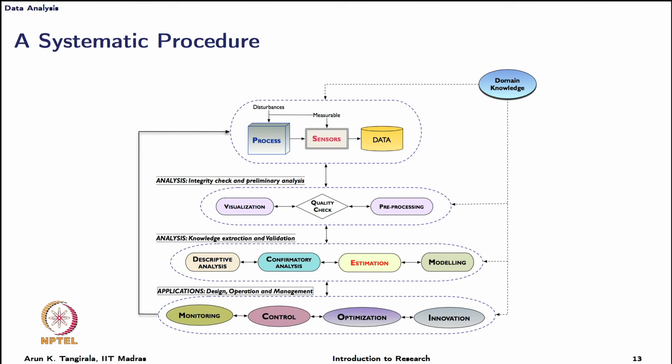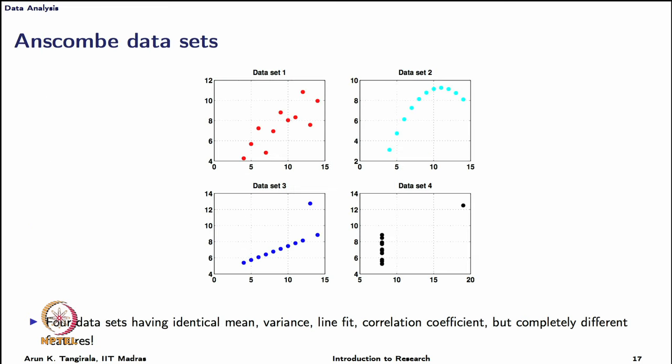Now, again within this it is not necessarily sequential. Generally the first step is to plot the data, because numbers may not tell you much, but pictures tell you a lot more. And to emphasize that, let me actually take you to this slide here.